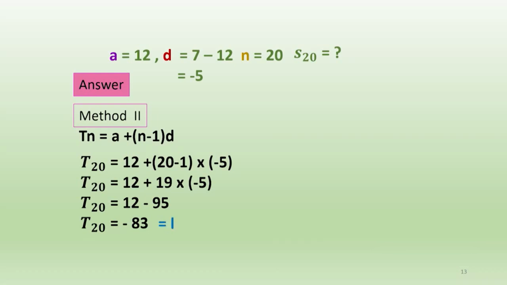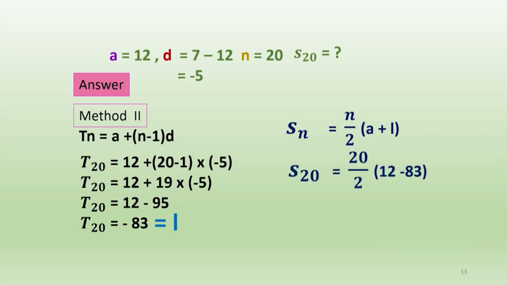Here T20 means L. Then I am going to substitute this in the formula Sn equals n over 2 times a plus L. I found L, I know a, I know n. Then I can substitute these values in the formula.